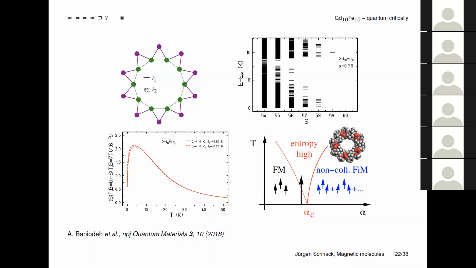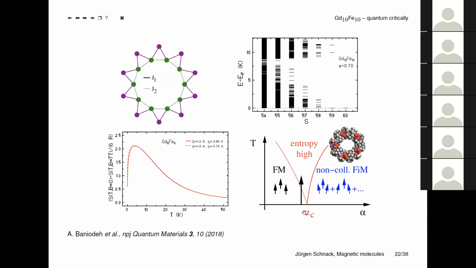But now you switch on J2 carefully, and it's clear J2 counteracts the ferromagnetic interaction. At a certain value of J2, a new ground state will take over. But what happens at this point where the crossing occurs is that, as you see here on the right-hand side, many, many levels cross at the same ratio of J2 and J1.